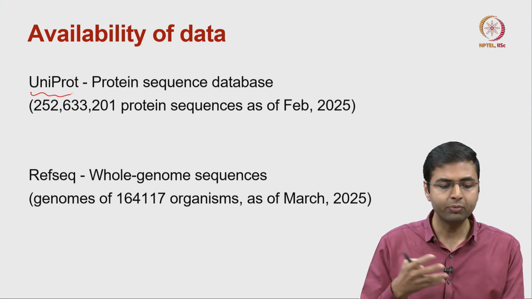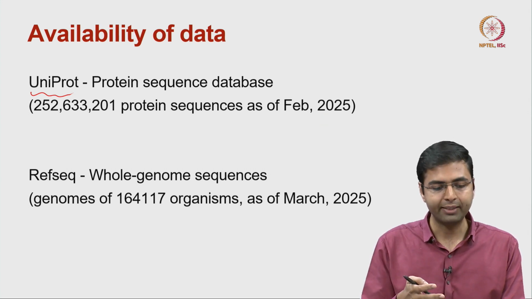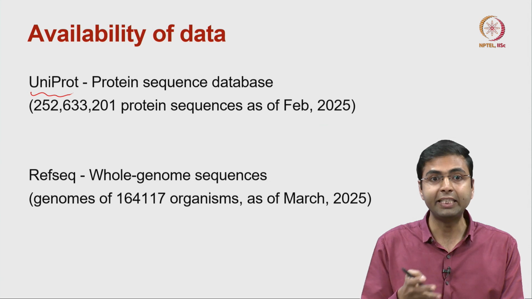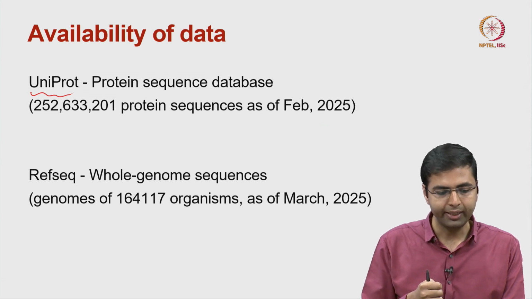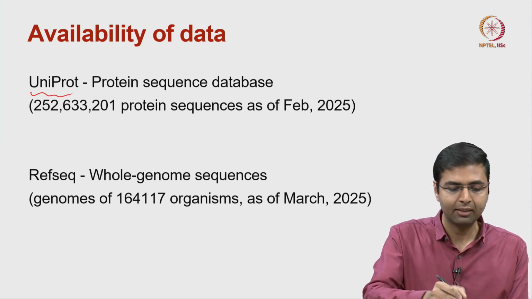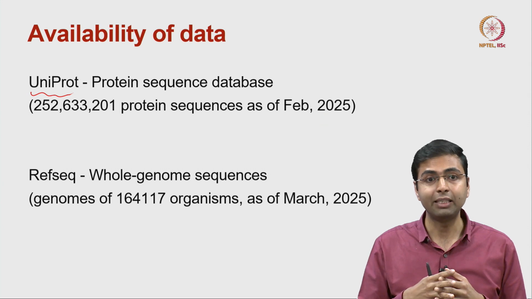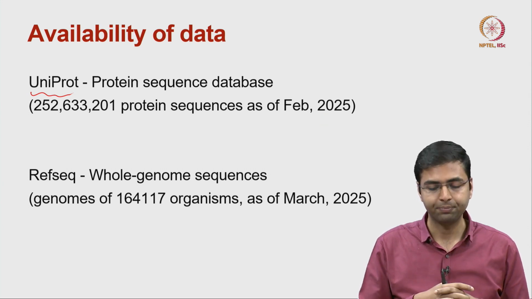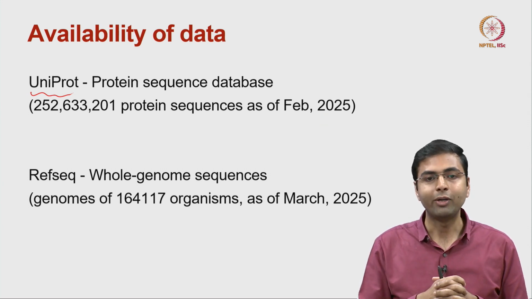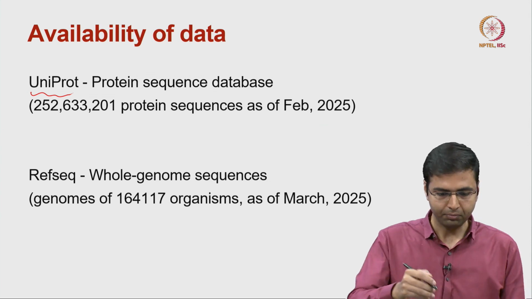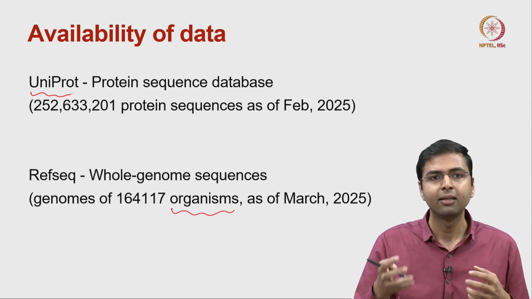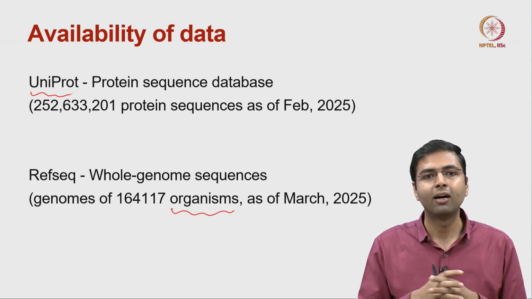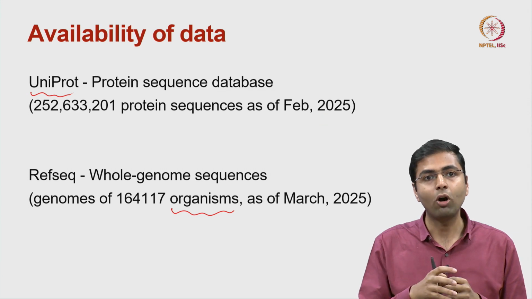Similarly, in the case of genome sequences, we have many databases, one of which is the NCBI RefSeq database. RefSeq, for example, contains genome sequences of 164,000 organisms as of March 2025. And these organisms would basically cover species from all orders.